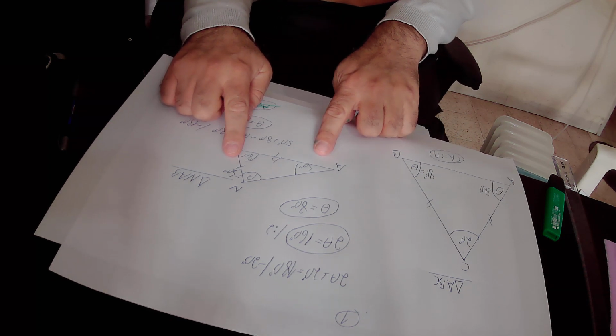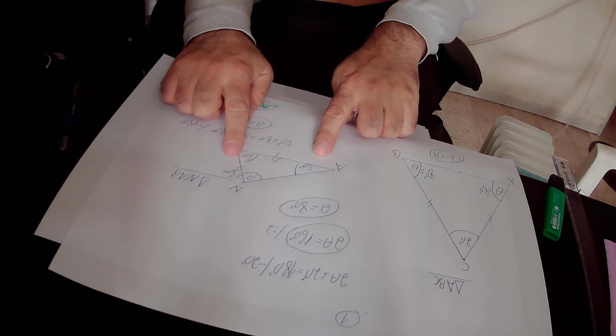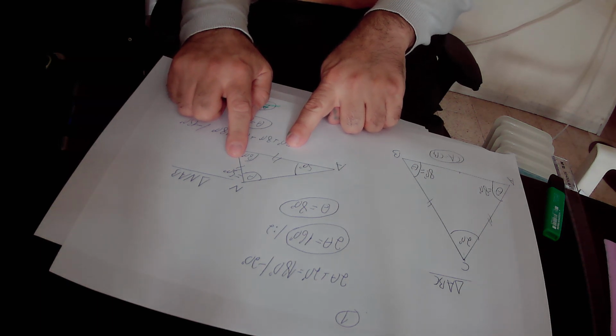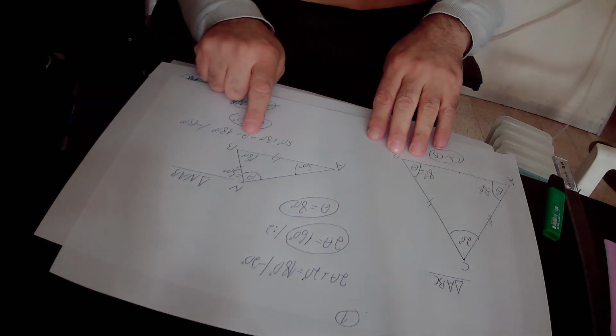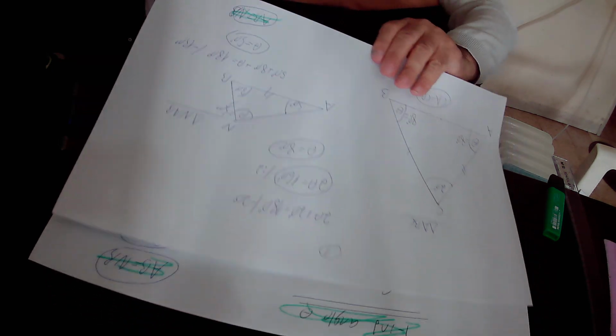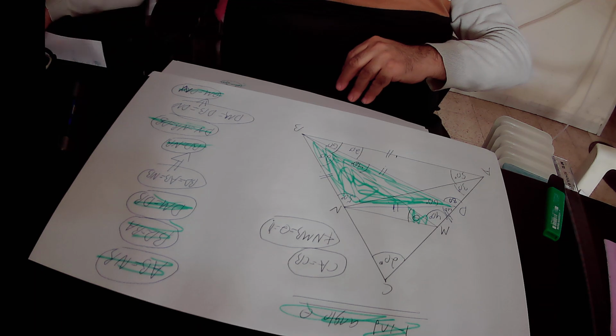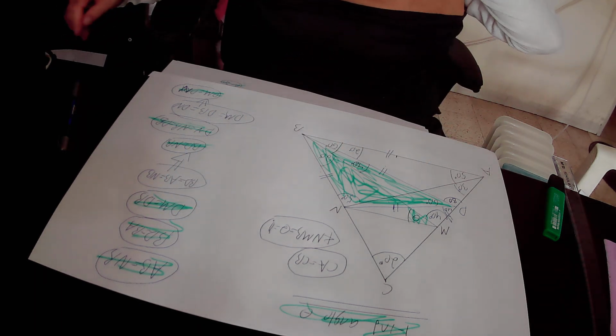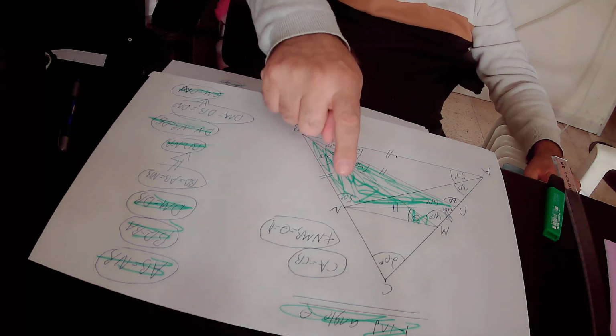Those two angles are both equal to 50 degrees, and we have the rule that in front of equal angles in the triangle there are equal sides. So in front of those two equal angles, we have those two sides that must also be equal to each other. That is to say, side AB equals side NB. Again, AB equals NB.